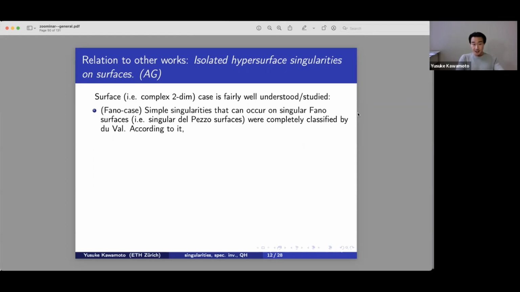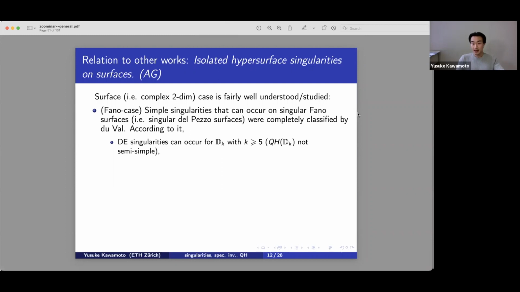The simple singularities that can occur on singular Del Pezzos were completely classified by Du Val. This is a very classical work dating back to the 30s. And according to the classification of Du Val, DE type singularities can occur for Del Pezzos with blowups at more than 5 points.